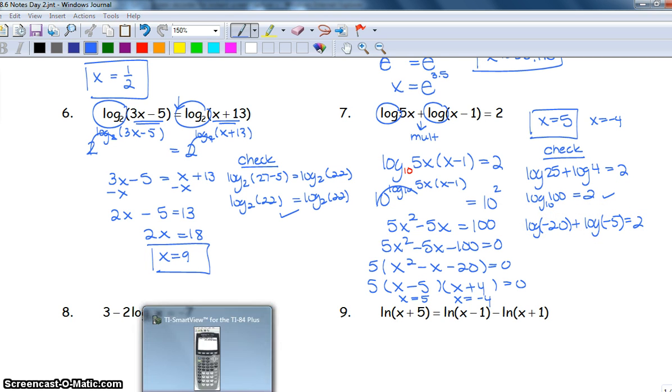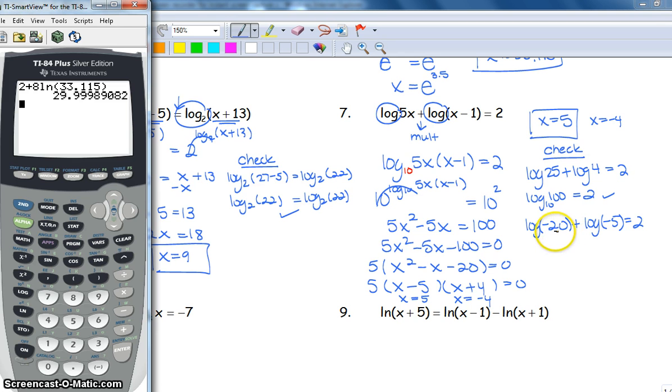If you pull out your calculators, I know negative 20 times negative 5 gives you a positive 100, but if you try typing this into your calculator before you combine, take log of negative 20, just that one little piece, and you hit enter, you get an error message. This answer cannot be negative. So anytime you have a log of a negative number there, that's not going to be possible.